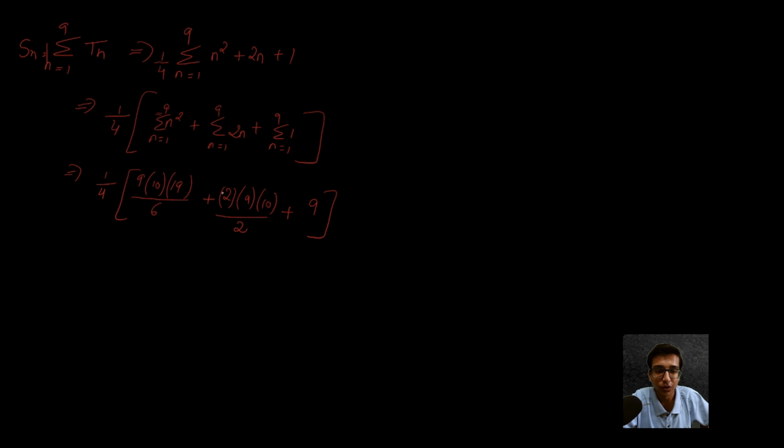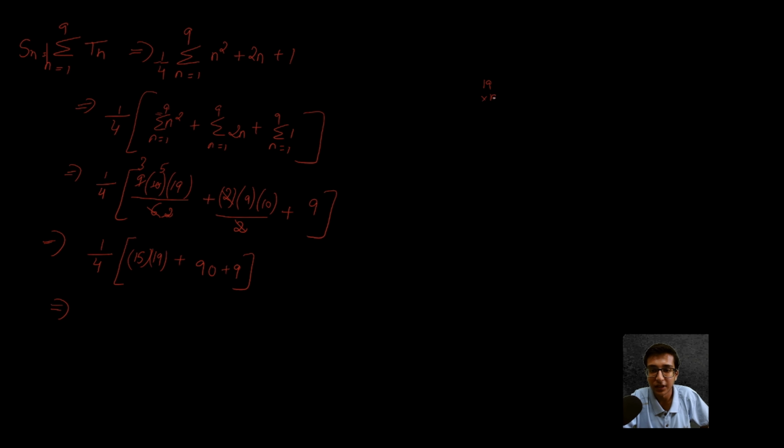From here 2 and 2 would get cancelled out, 3 2s are 6, 3 3s are 9, 3 5s are 15. So here we get 1 by 4, 15 into 19 plus 90 plus 9.